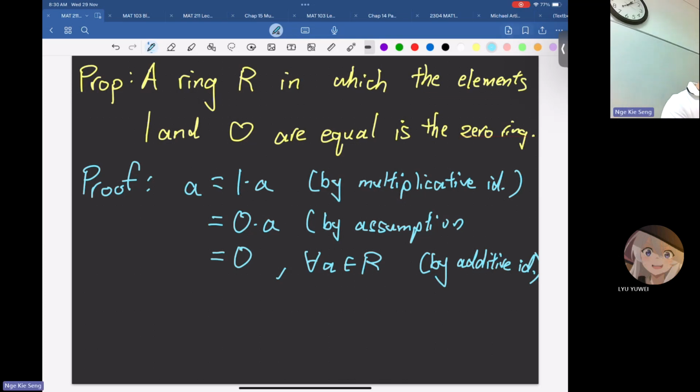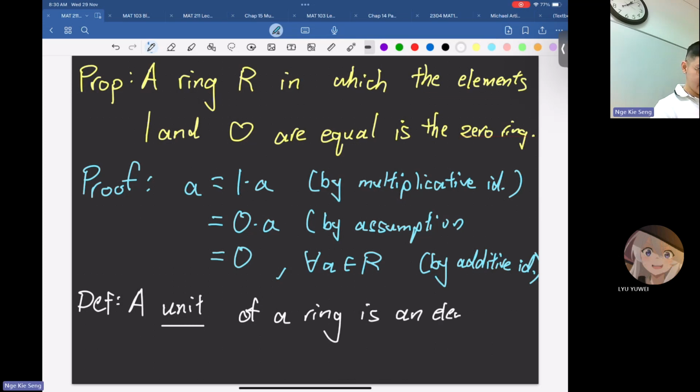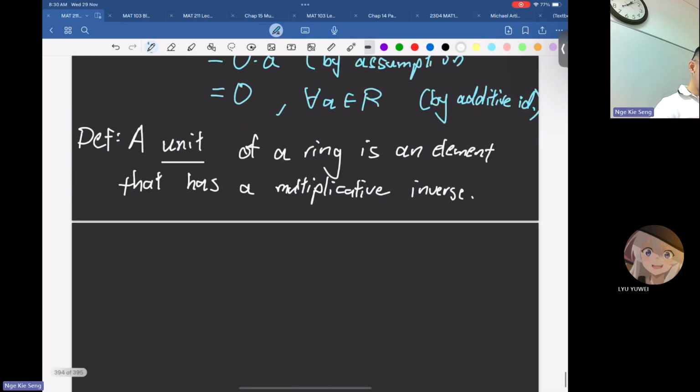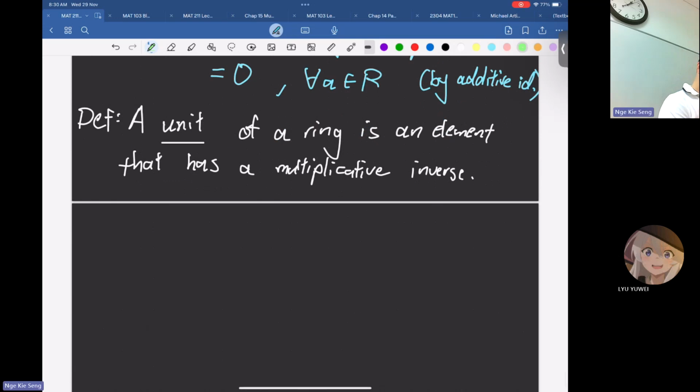Okay, and next question. So let's make a definition of unit here. What's a unit? A unit of a ring is an element that has a multiplicative inverse. So a unit is like 1, right?